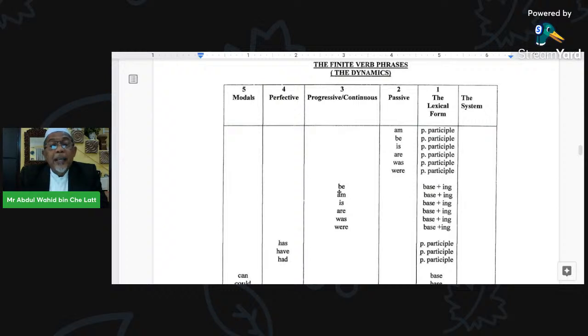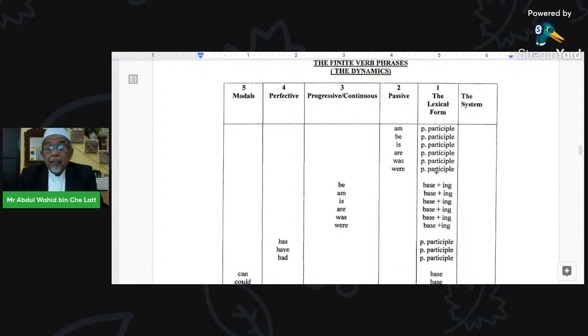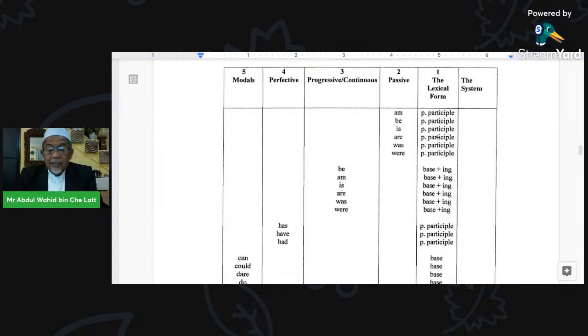We have be, am, is, are, was, were. Column 2 consists of auxiliaries am, be, is, are, was, and were to show that the sentence is in the passive form. Column 1 is for the lexical form. There are 3 forms: past participle, base plus ing, and base.